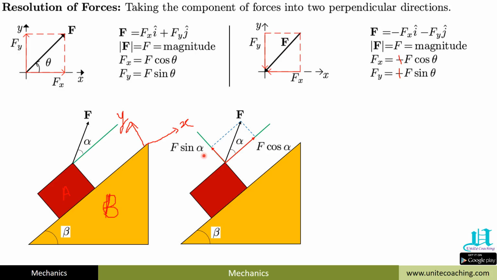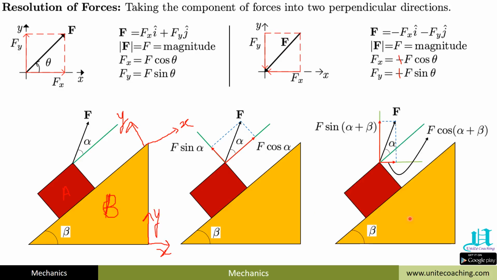Now this is one type of taking the components. The other type is to assume the x and y axes as we generally do, that is, this will be the y-axis and this will be the x-axis.